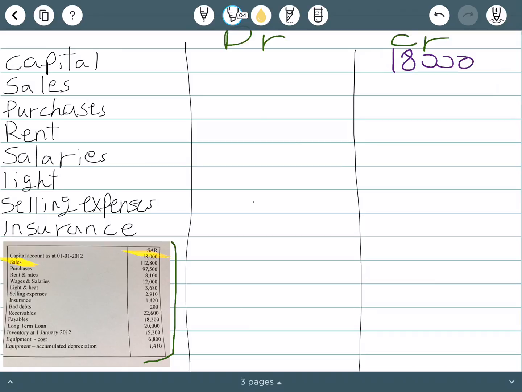Sales is a revenue. Revenue and sales are the same, they just have different names. So revenue is sales, so it is a credit side.